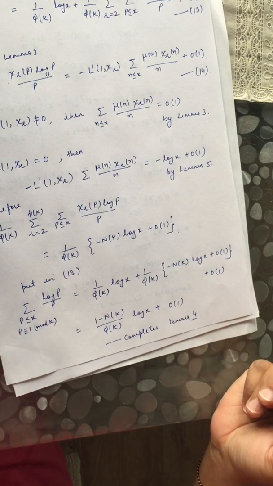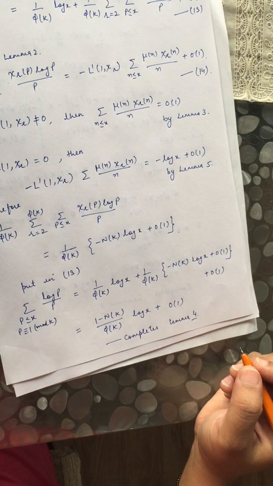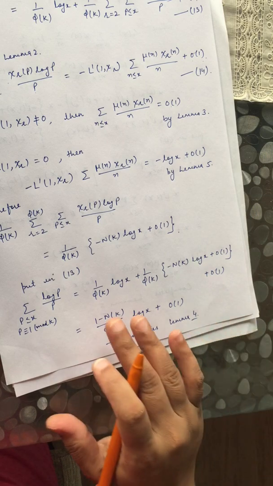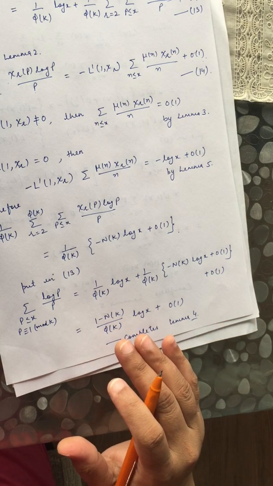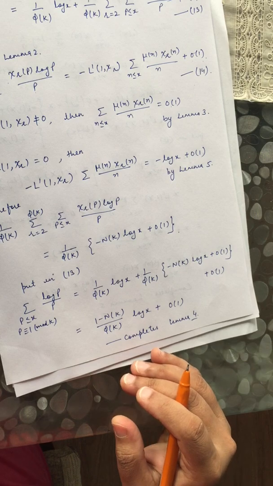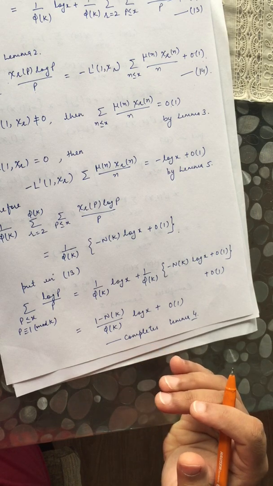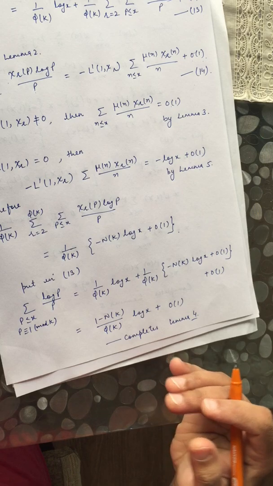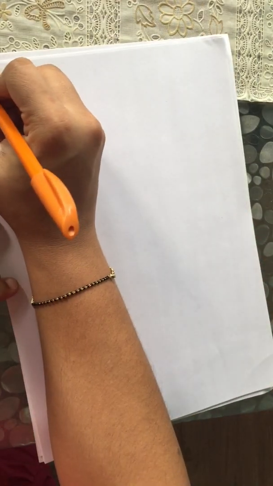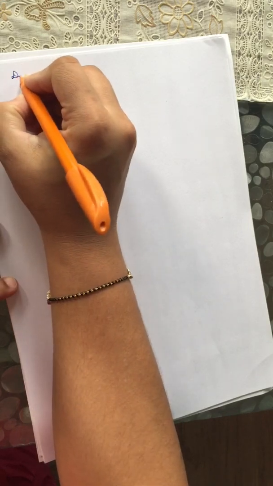So this completes the proof of theorem also. So now we have Dirichlet theorem. Actually Dirichlet theorem says there exist infinitely many primes in the arithmetic progression kn plus h, where h and k are co-prime, and that will directly follow from this theorem. So we can write here, this is our Dirichlet's theorem.